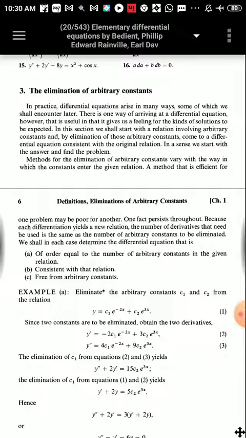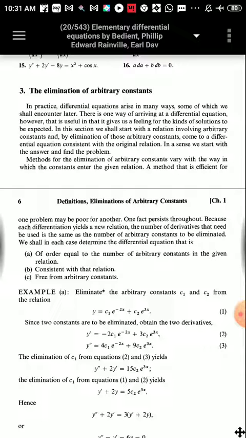One fact persists throughout: each differentiation yields a new relation. The number of derivatives that need be used is the same as the number of arbitrary constants to be eliminated.